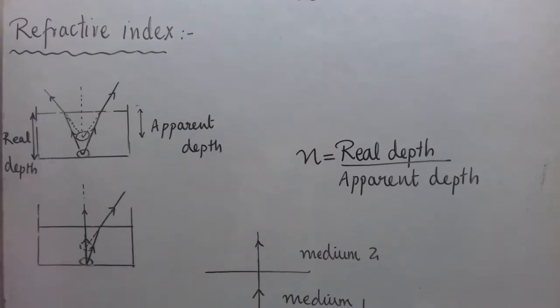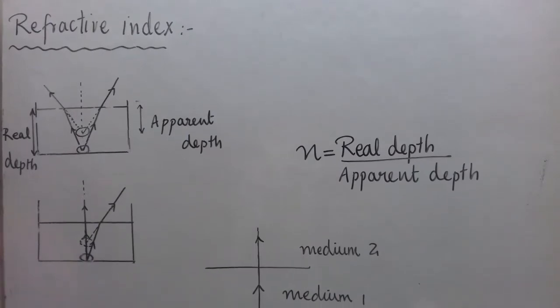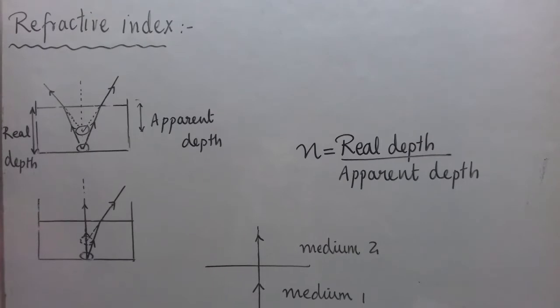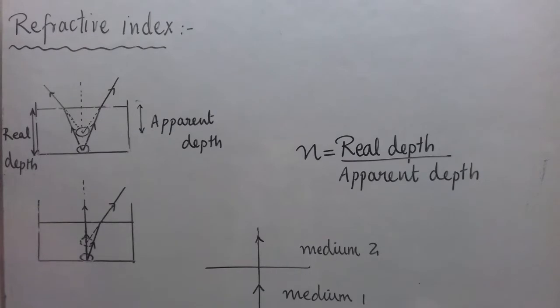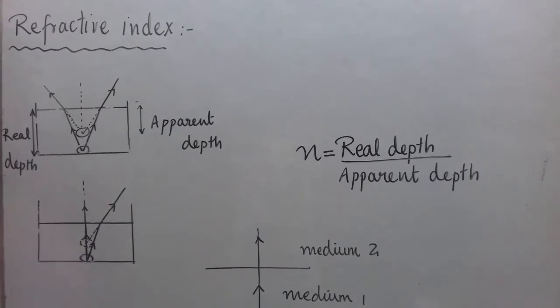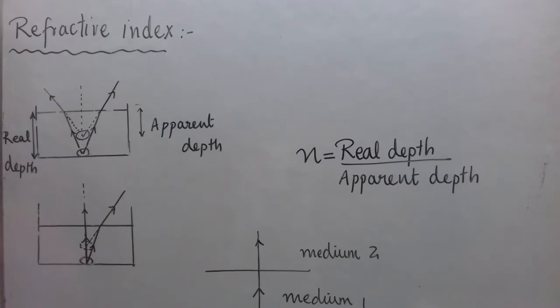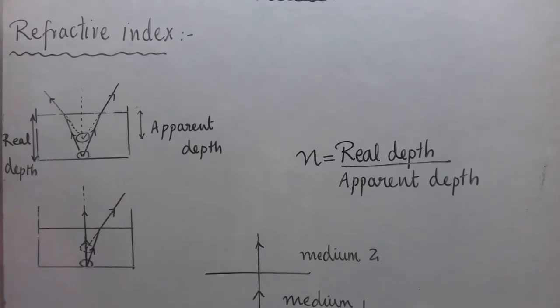Now let us consider a few simple examples of refraction. Students, you must have seen that if you write anything on a piece of paper and place a glass slab over it, the written letters appear to be raised.